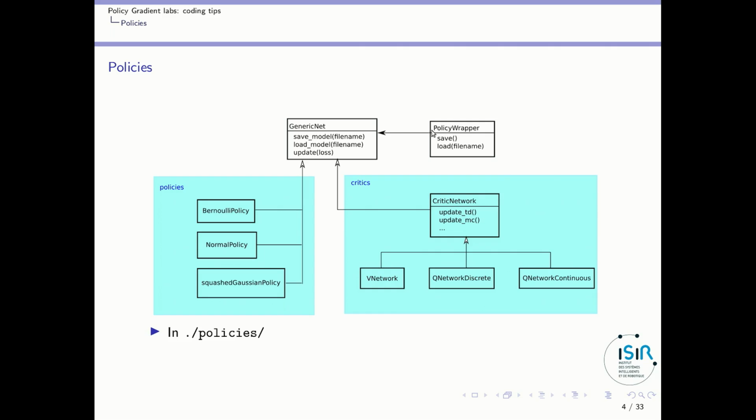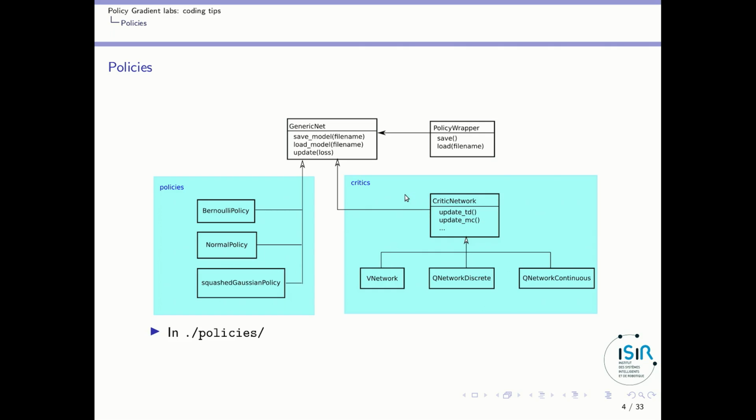So the generic net, you have the policies and you have the critic, and you will see that there are three kinds of policies that are provided. There is the Bernoulli policy, the normal policy, and the squashed normal policy. This will be explained just after that, and that's in the policies folder. You might have different kinds of policies, such as convolutional neural network policies, etc., but those are the three that I have in the code.